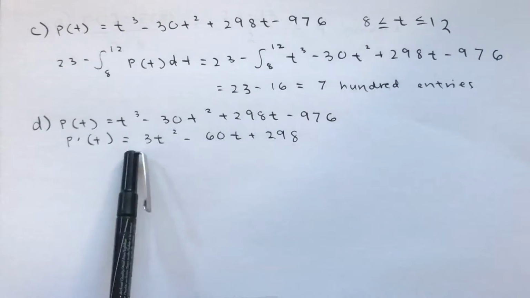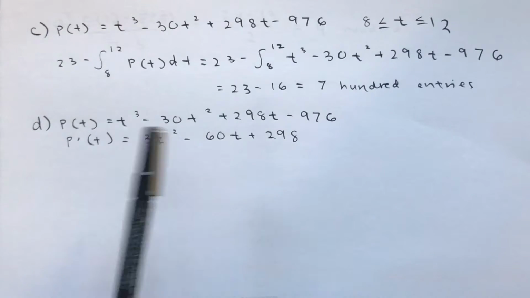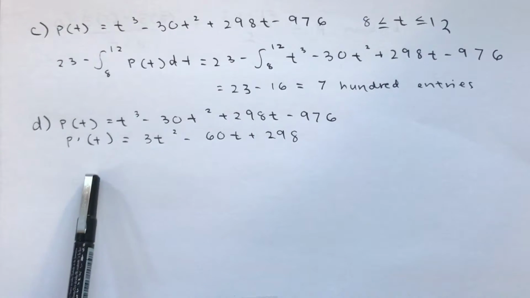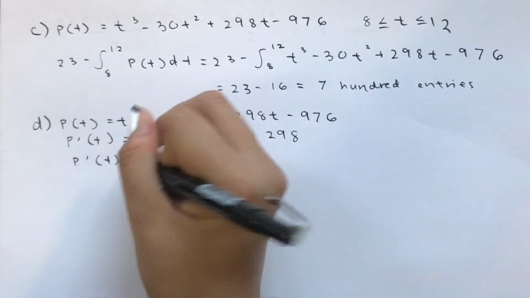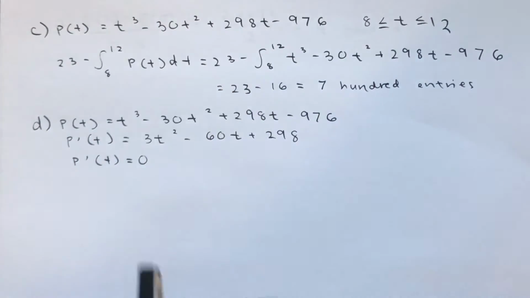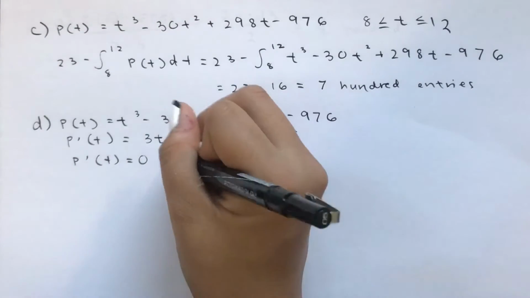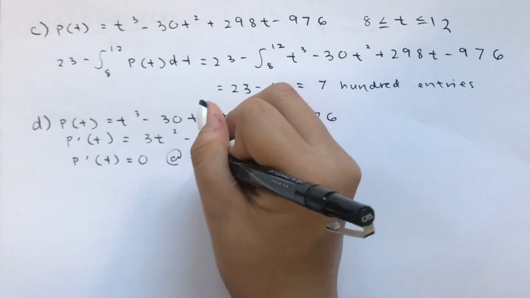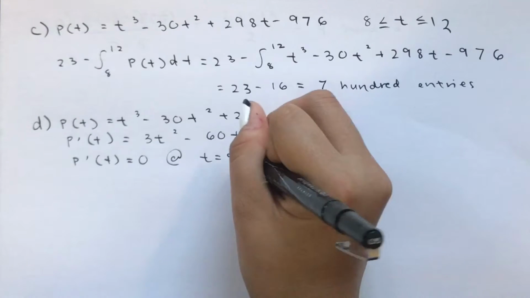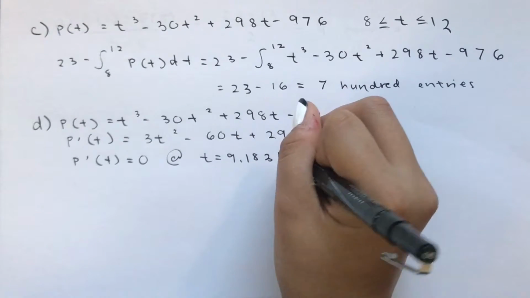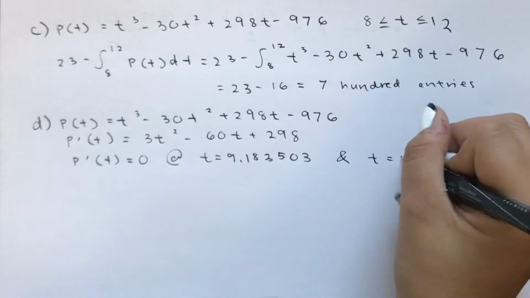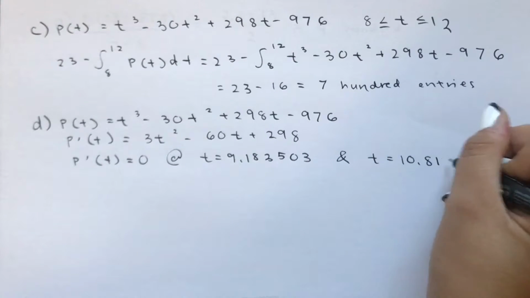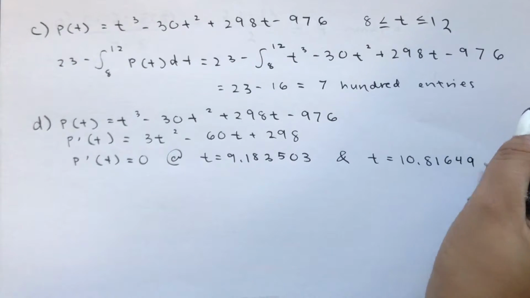And then if you plug this into the graphing calculator, we can find the zeros of the derivative of p of t. So the zeros are at t equals 9.183503 and also at t equals 10.816497.